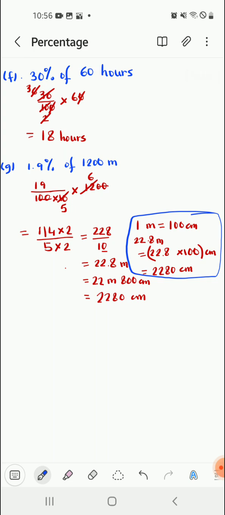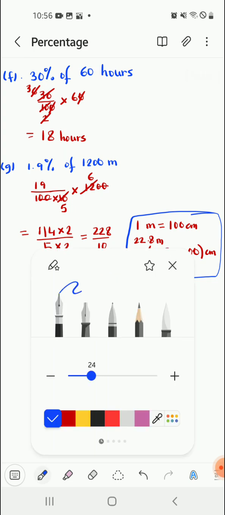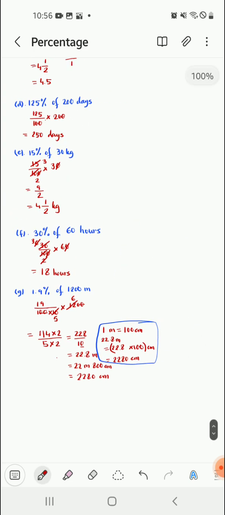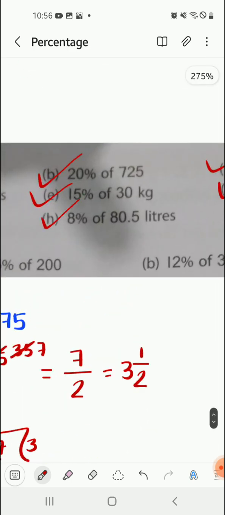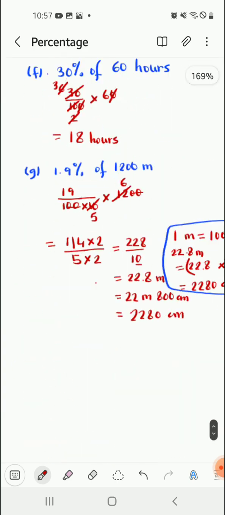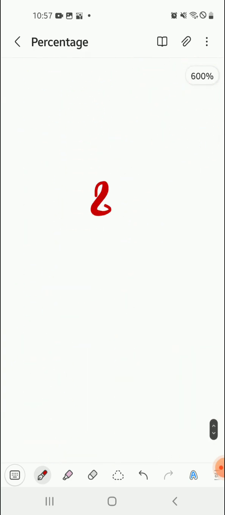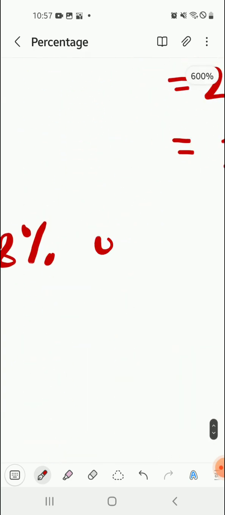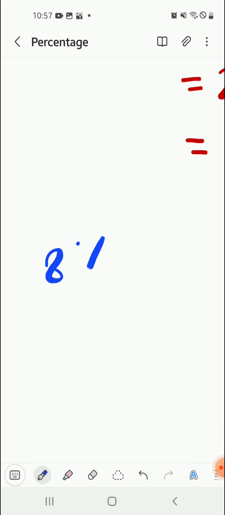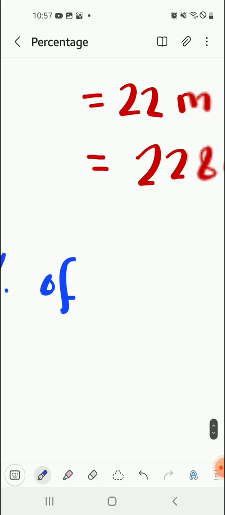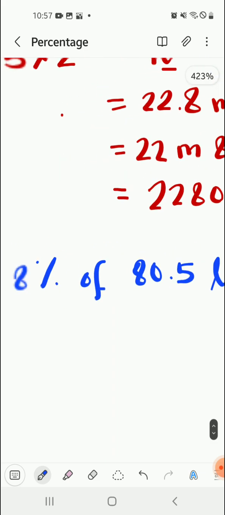Okay, now we're going to move to number H. 8% of 80.5 liter.